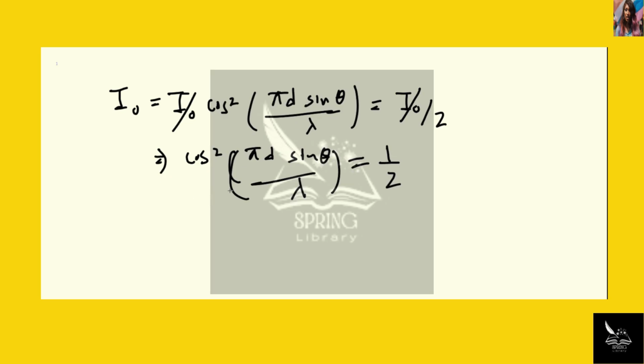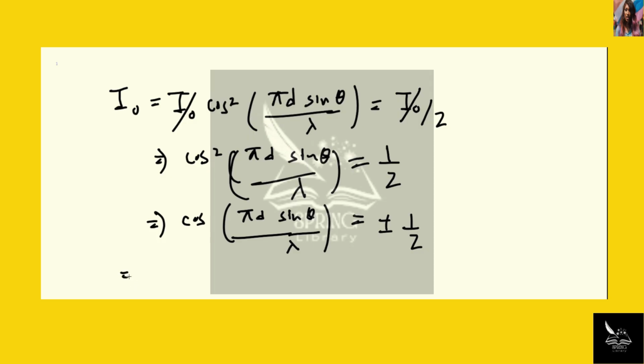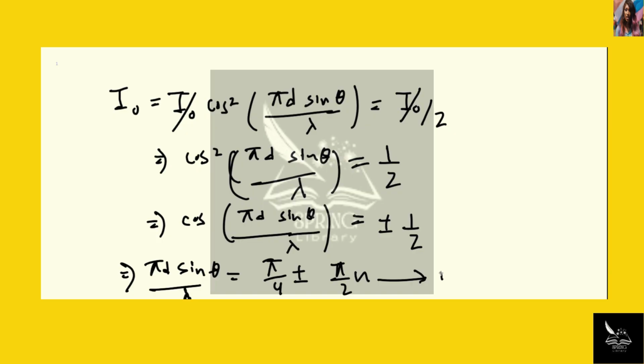Okay, so you take the square root of both sides, you get cosine of pi d sine theta over lambda is equal to plus or minus 1/2. And you take the cosine inverse of plus or minus 1/2. And what you get is that pi d sine theta over lambda is equal to pi over 4, or 45 degrees, plus or minus pi over 2 times n, n being an integer, okay?